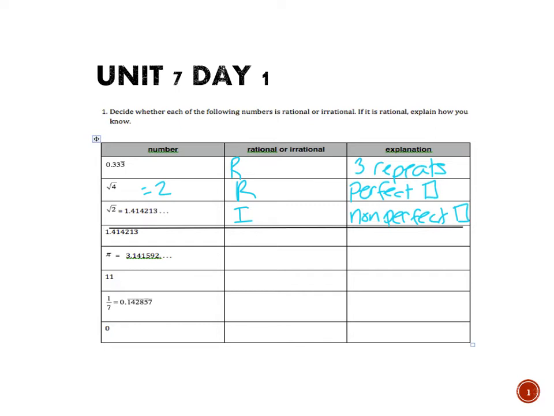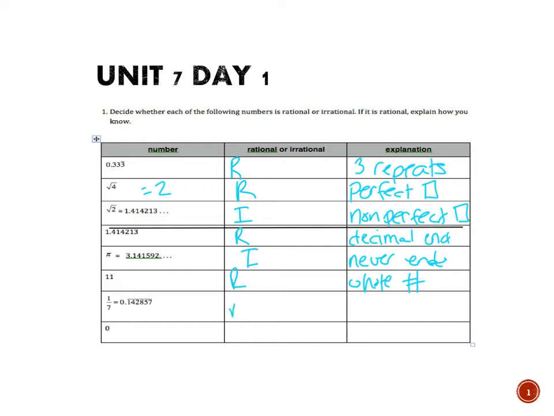1.414213. The decimal terminates, so it is rational. Pi equals 3.141592. Pi is irrational. It never ends. 11, it is rational because it's a whole number. 1/7 equals 0.142857.